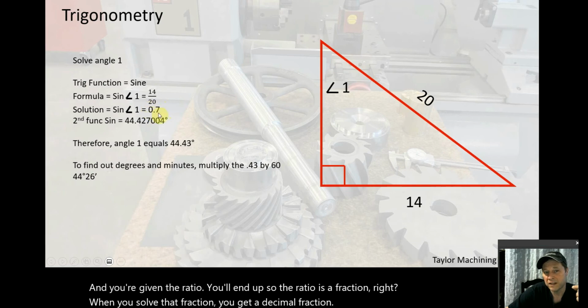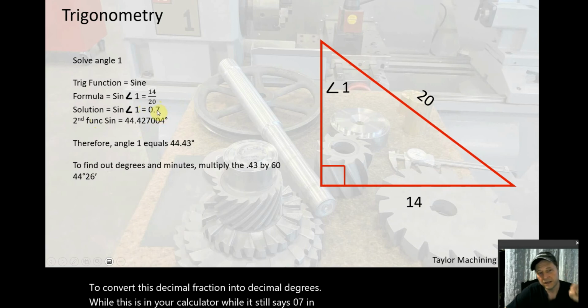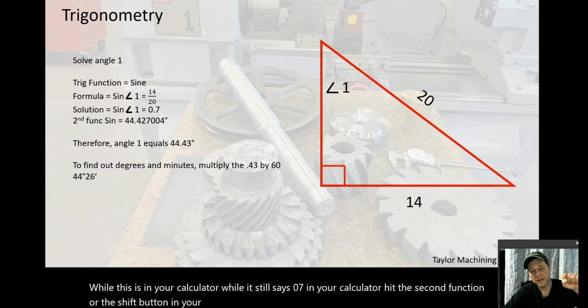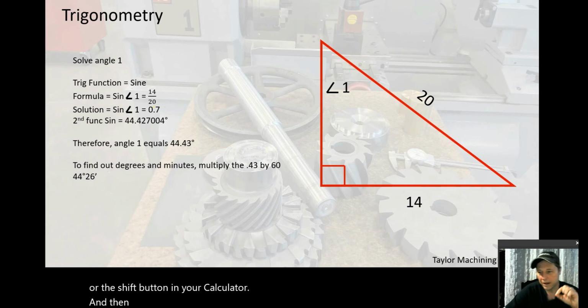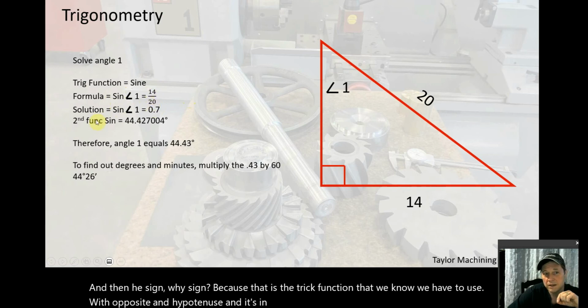To convert this decimal fraction into decimal degrees, while it still says 0.7 in your calculator, hit the second function or the shift button, and then hit sine. Why sine? Because that is the trig function that we know we have to use with opposite and hypotenuse in its ratio. So 14 divided by 20 equals 0.7.